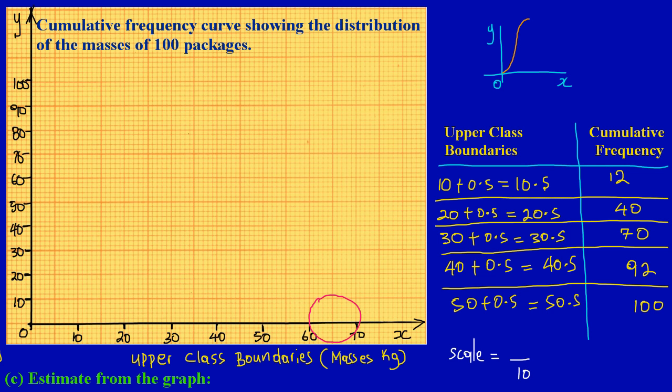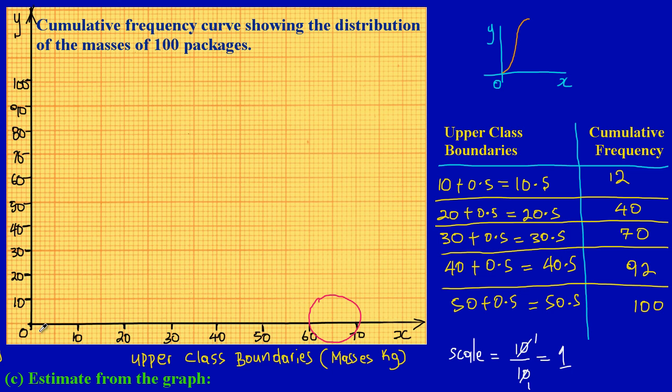So the amount that I'm going up by goes in my numerator. 10 over 10 is 1. So what this is saying is that each of these little bars in between, on my x-axis, I'm going up by 1.